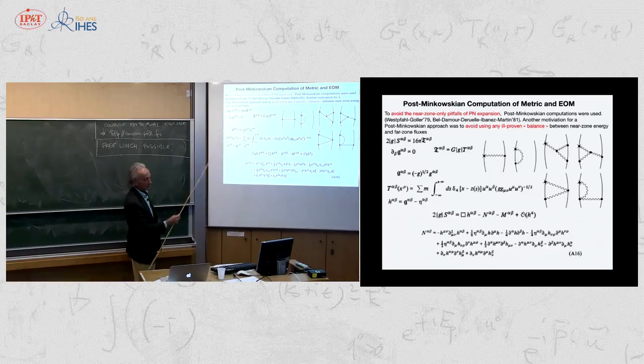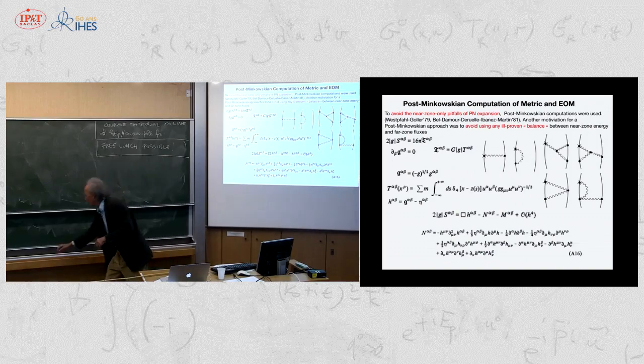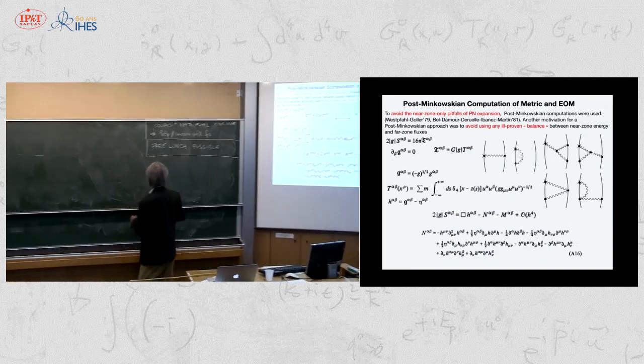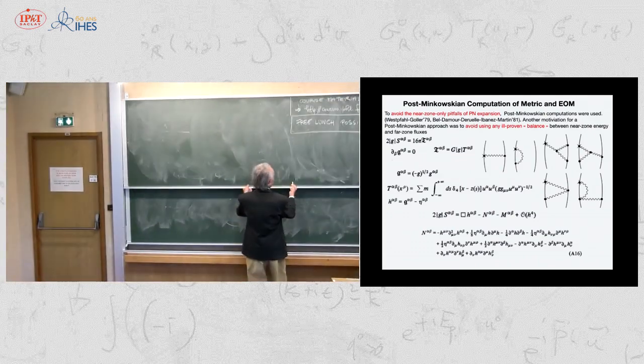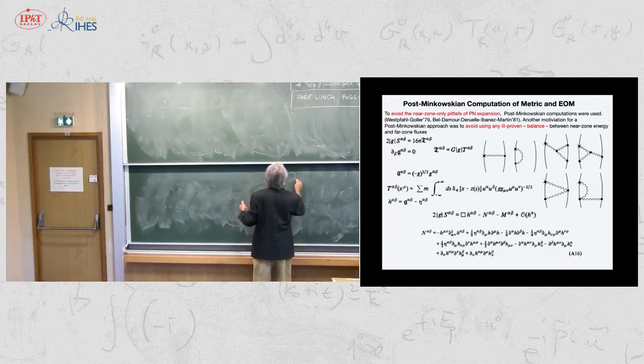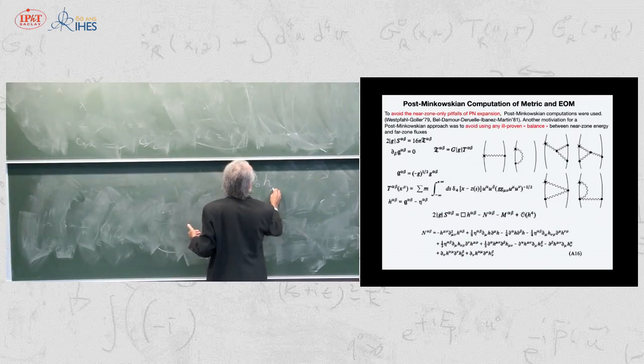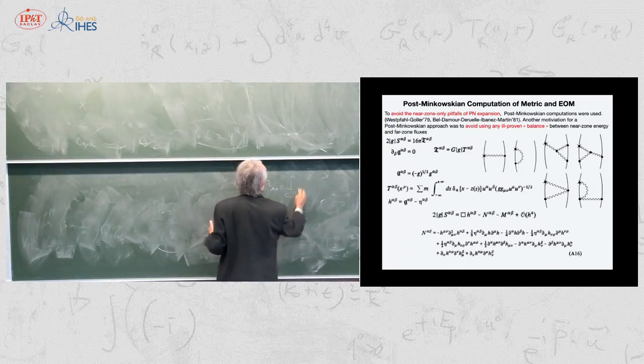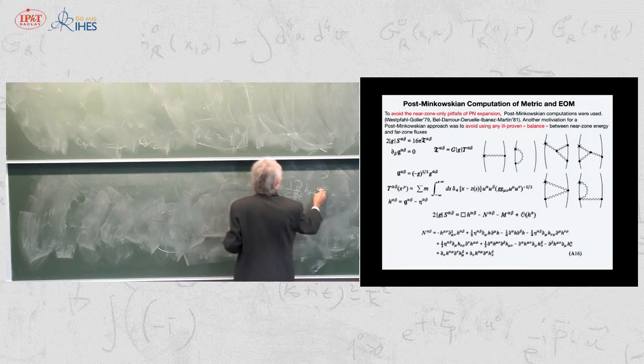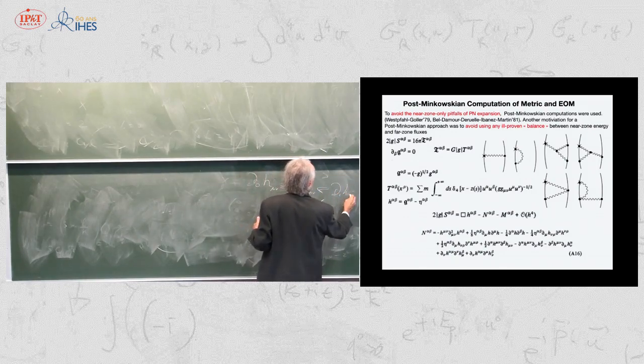First, let me say again that when you use the post-Newtonian approximation, you have the problem that you are always assuming that d0 of the metric, which means 1 over c d by dt of the metric, is much smaller than a space derivative di of the metric.